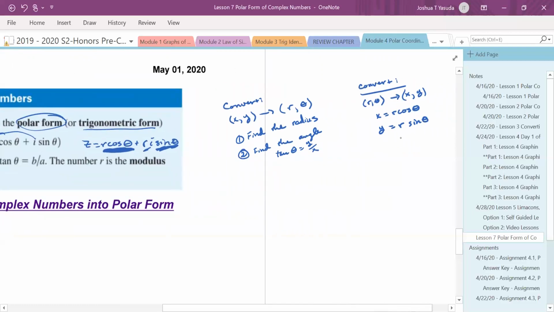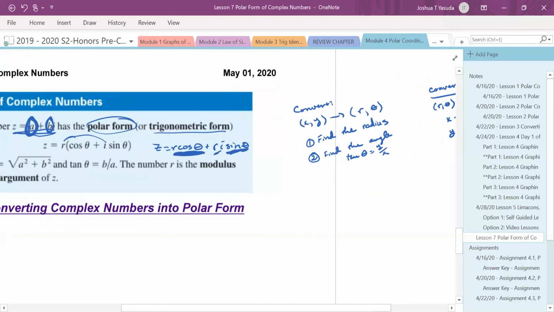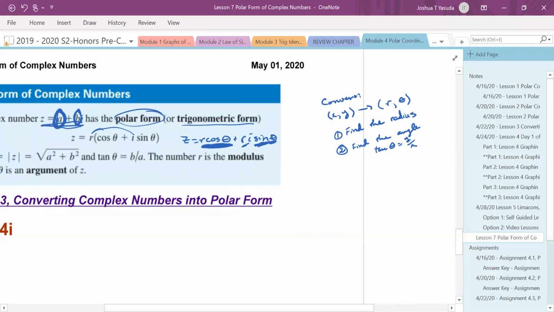And what is r sine of theta? R sine of theta is the y, which is the vertical part. So it makes sense that for a complex number, the polar form just correlates to what we already were using. The horizontal part is r cosine of theta, and the vertical part is r sine of theta. And we just have the i in there. So we're not really branching out too far.